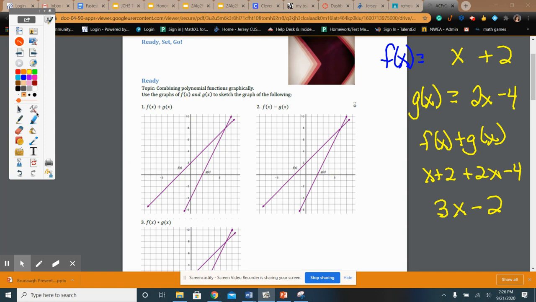If you think about this line here, and you take the two values that are on the graph. So I have here a 2 and a -4, and I add them up. 2 plus -4 gives me -2. So on my new graph, -2 is going to be on my new line.